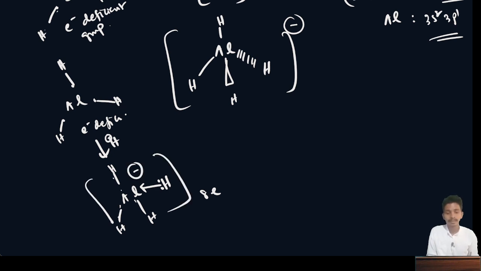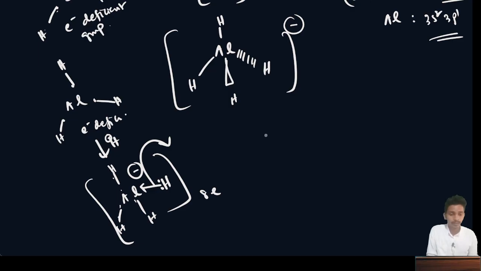Whenever an electron deficient group gets a negative charge, it becomes very highly reactive, an electron rich group.